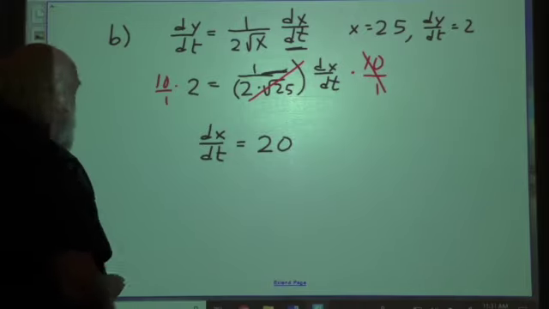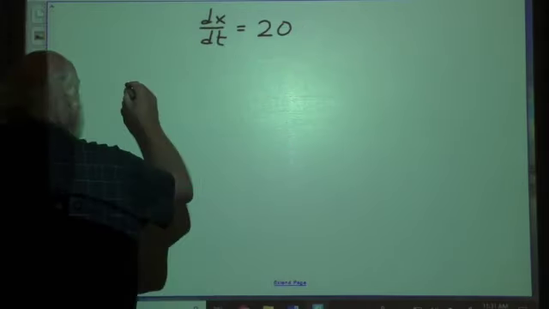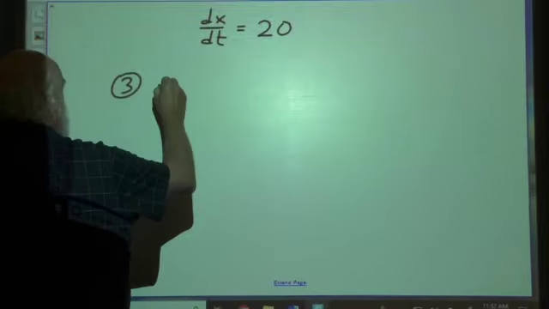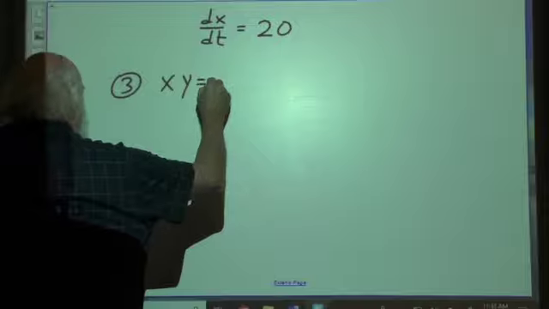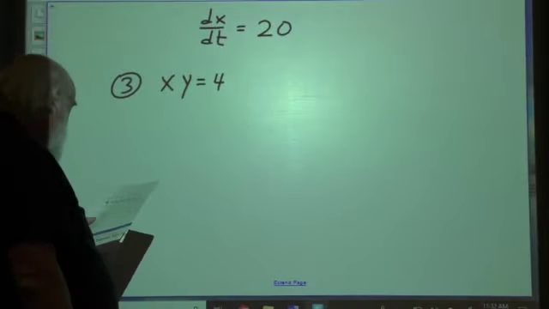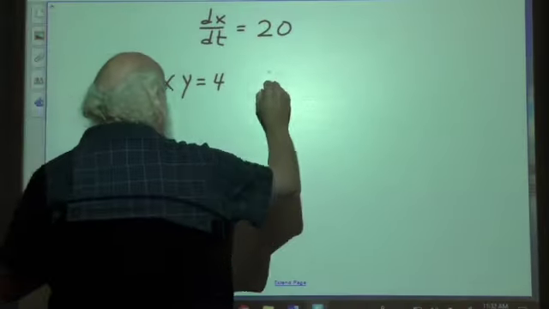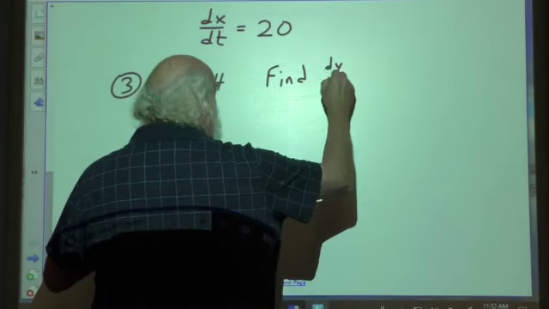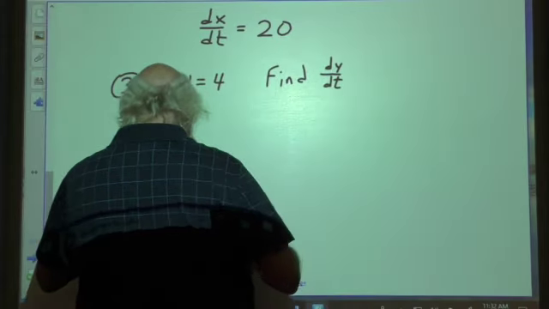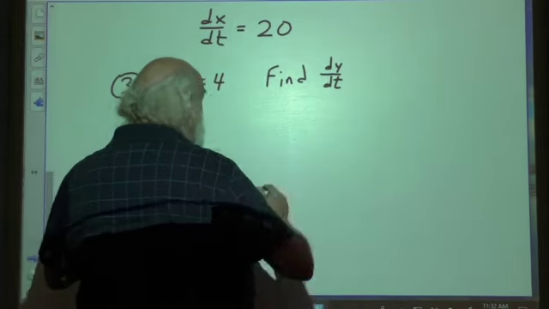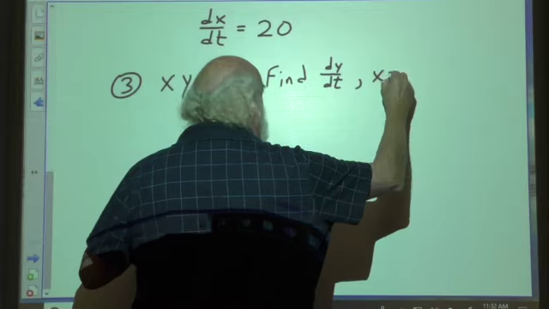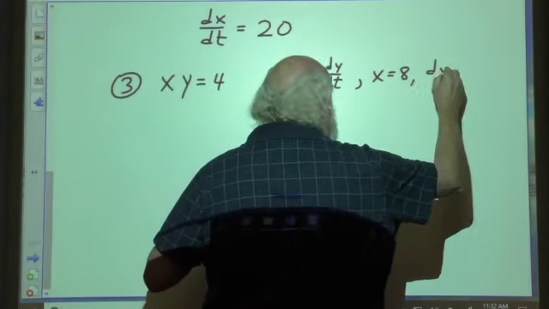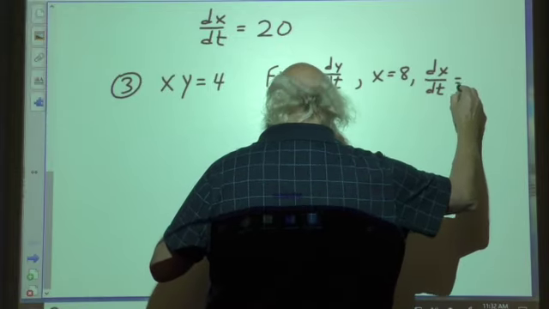Let's take a look at number 3. We're given that xy equals 4, and they want us to find dy/dt when x equals 8, given that dx/dt is 10.